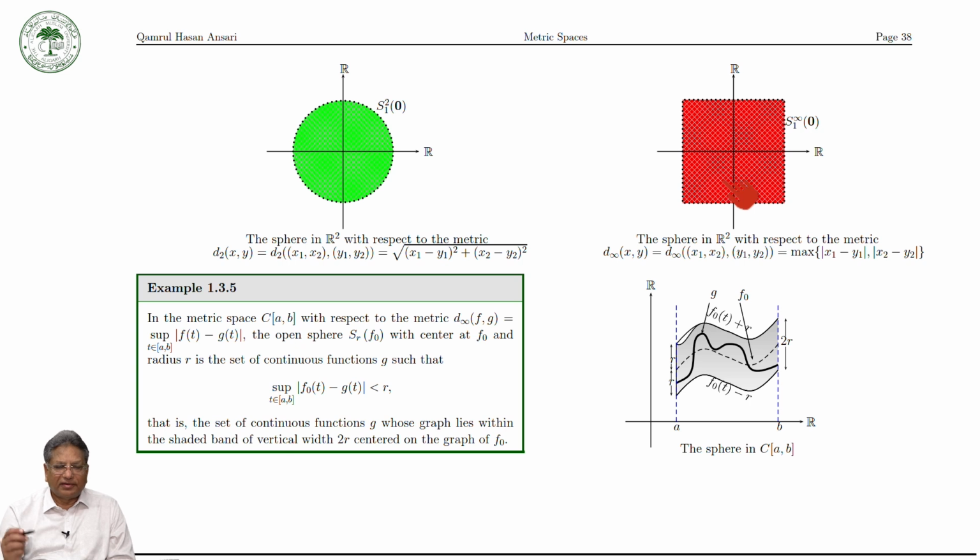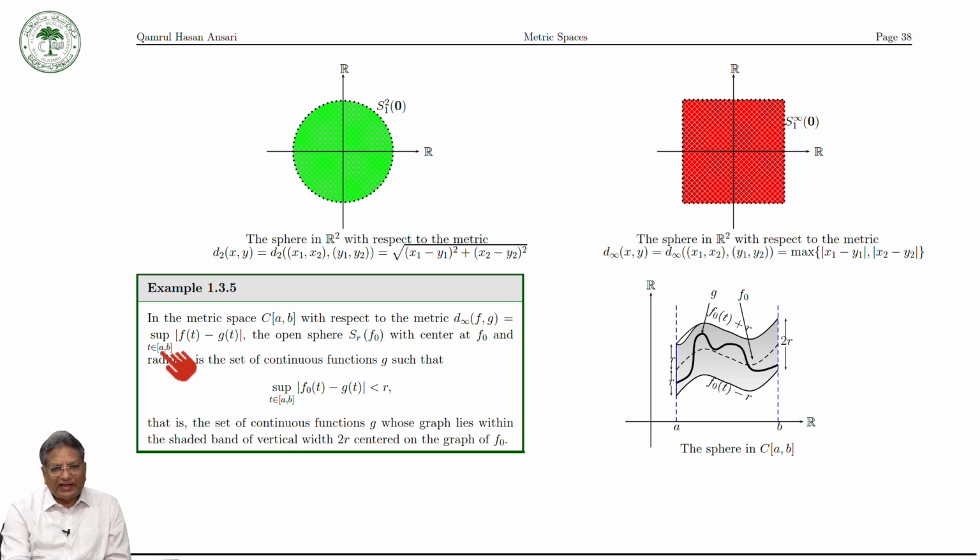Now, let us see another interesting example. Suppose we are considering a metric space C[a,b]. C[a,b] means the space of all real valued continuous functions defined on a closed interval [a,b] with respect to the sup metric. Sup metric means that d infinity of f, g is equal to the supremum of mod of f of t minus g of t, with the supremum taken over t in [a,b].